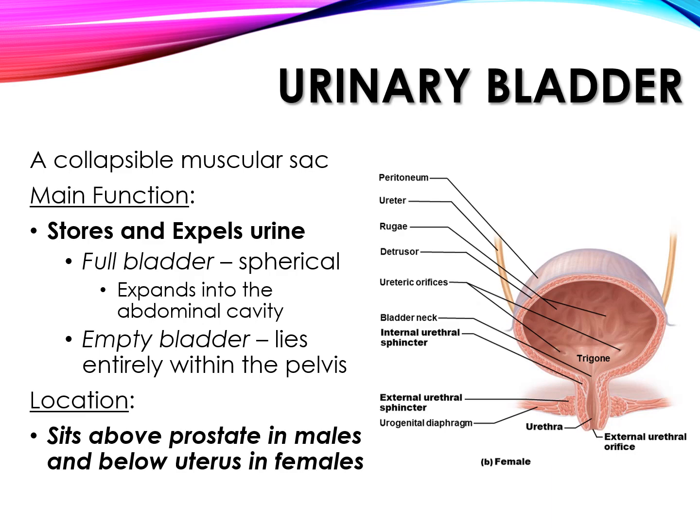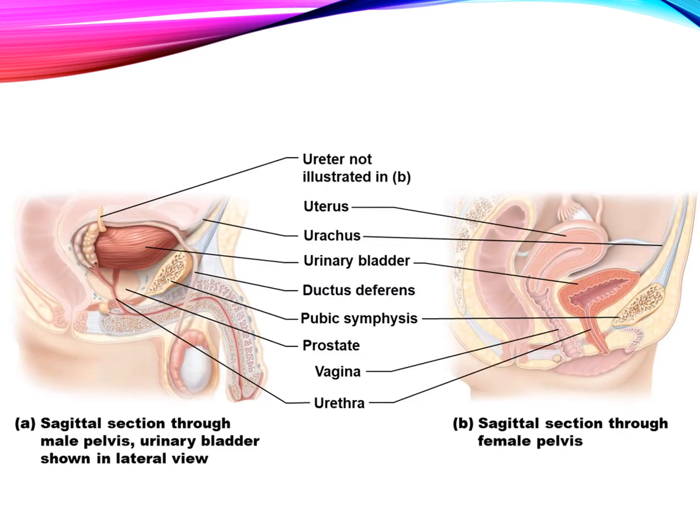So a full bladder is going to become a spherical structure and expand up into the abdominal cavity. It should sit kind of in the pelvic cavity when it's empty, but it really can expand into that abdominal cavity when it's full. It's outside the peritoneal cavity, but it can push up into that peritoneal abdominal cavity.